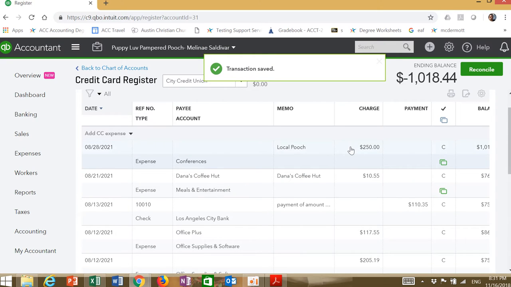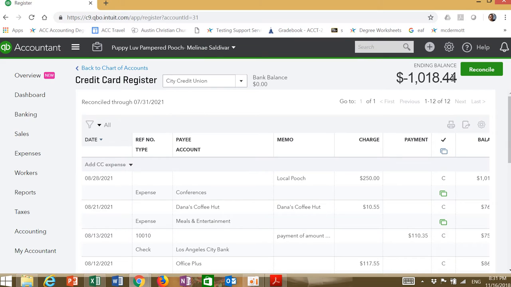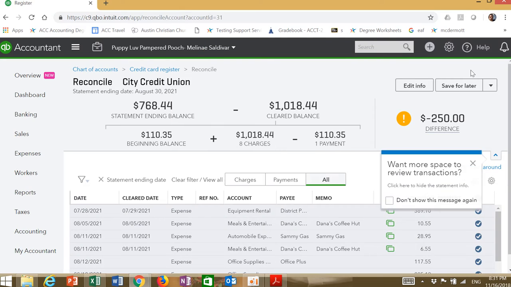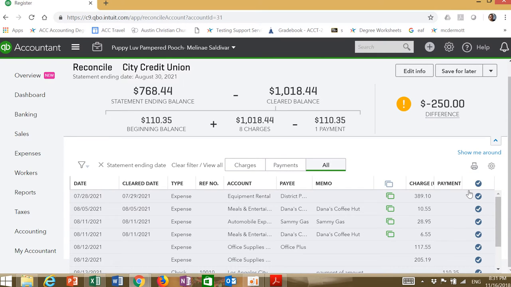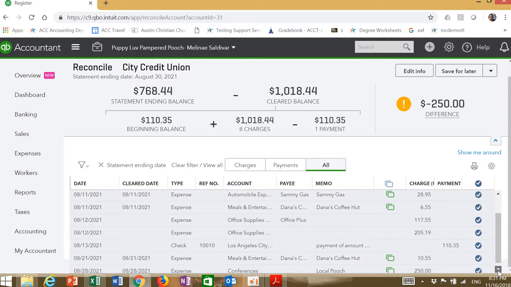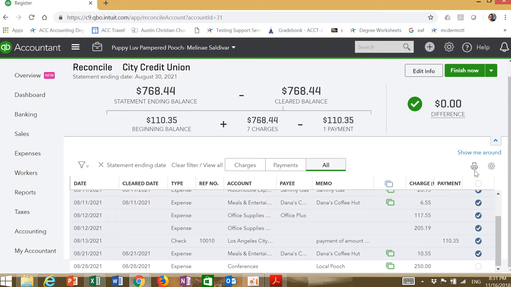Okay, so now I think it's good. Now if we go back to reconcile, that's the right balance that should be showing up. We've got a $250 difference. The only way to fix it is to say this one transaction we just added down here has not cleared yet. So I unchecked that one, and now it should be good.